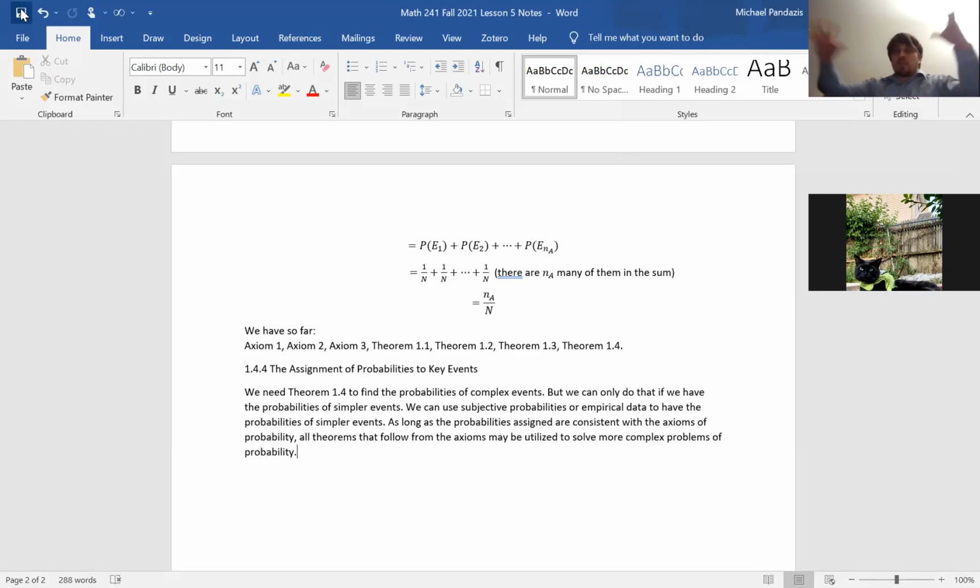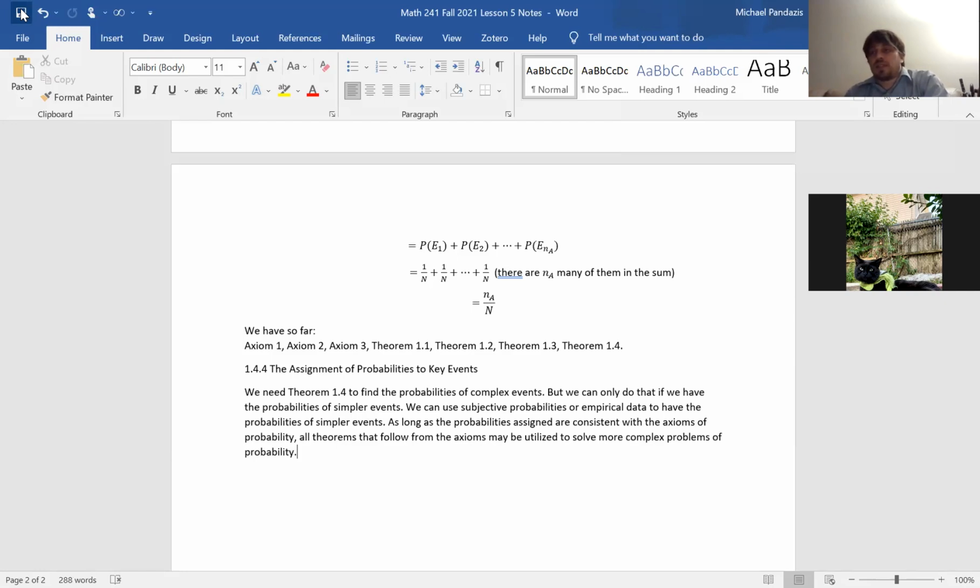So we keep finding out more things from this small set of assumptions, right? So all the things that you conclude from your axioms, as long as your assumptions are consistent with the given assumptions of probability, then you can use all the correct theorems of probability as you want to calculate more complicated probability problems. But the probabilities that you assign in the beginning have to be consistent with the axioms of probability in order to use the theory of probability.